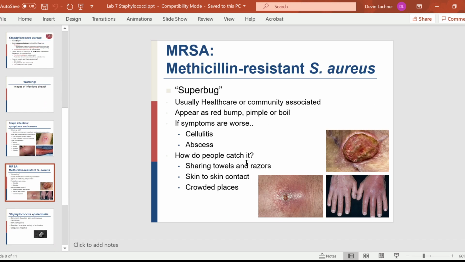For our methicillin-resistant Staph aureus, methicillin is an antibiotic used to treat Staph aureus, and so this is known as a superbug because it is resistant and is going to be a lot more dangerous, cause more severe infections, and is a lot more difficult to treat because of its resistances.